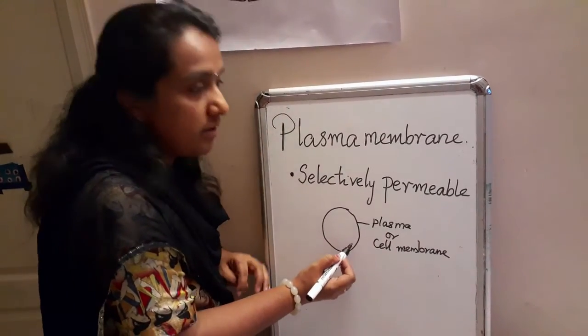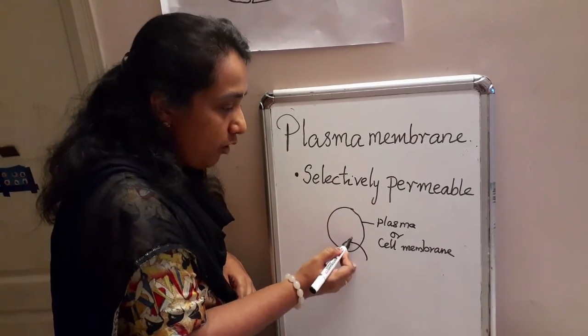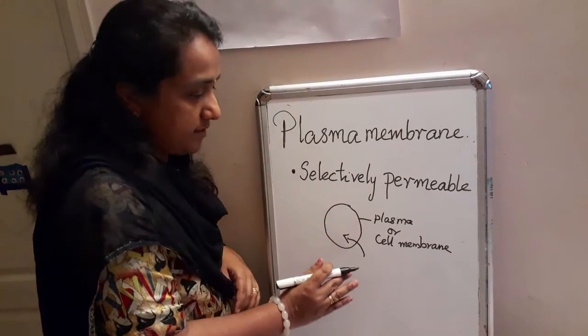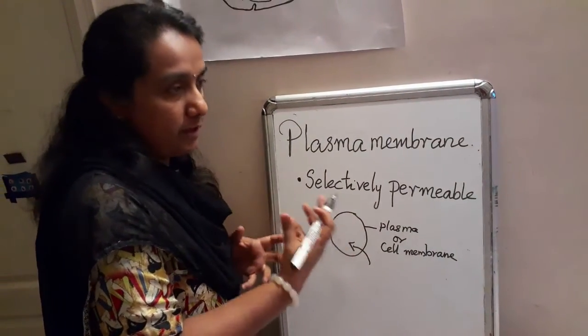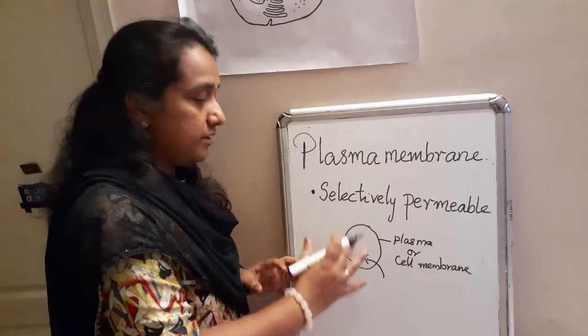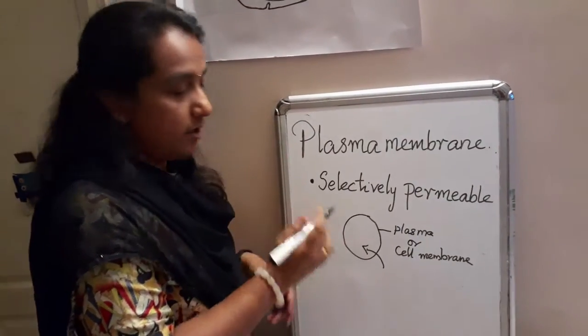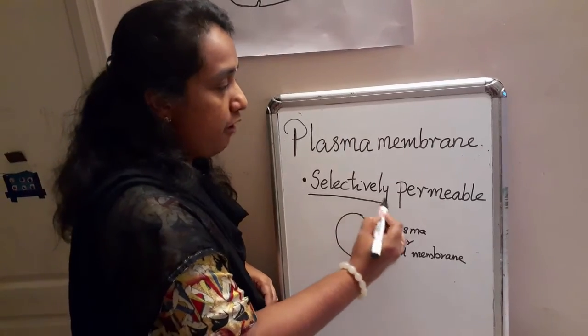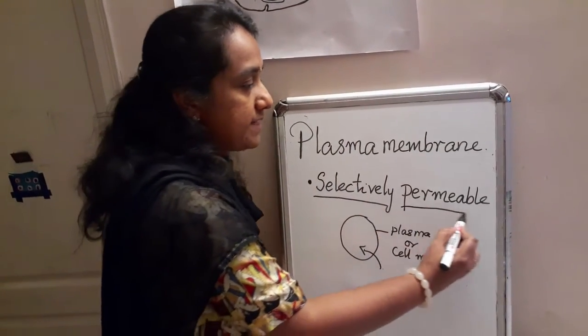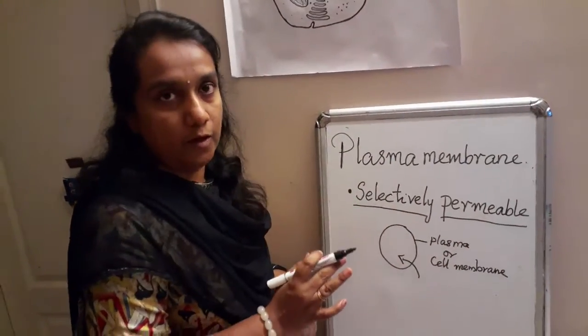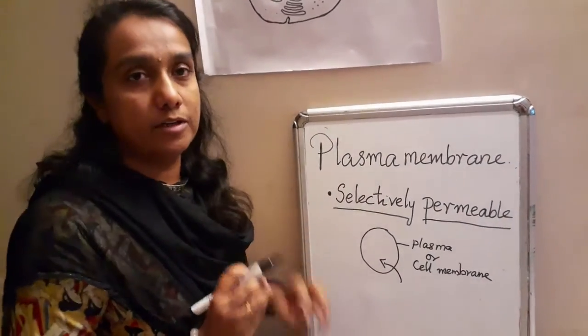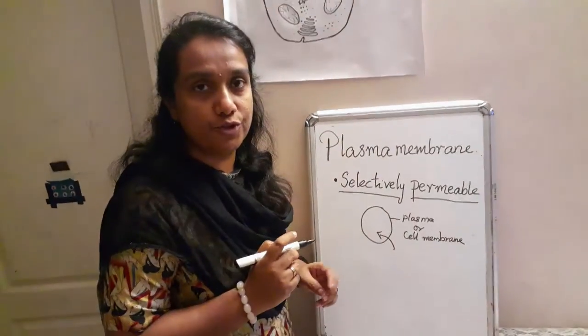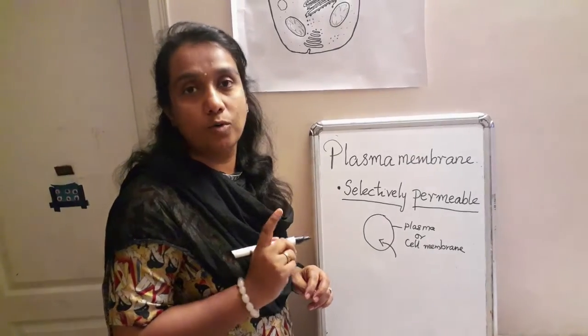It will not allow the entry or exit of all things. Only some particular things it will allow, and other things it will inhibit. So the important characteristic of plasma membrane is that it is selectively permeable. For that we have to learn two terms: one is diffusion and the other one is osmosis.